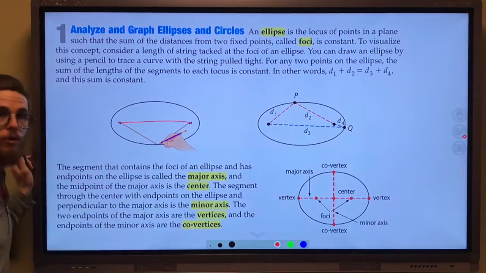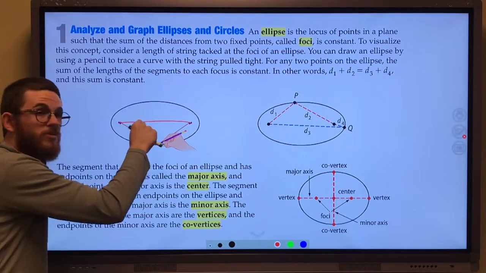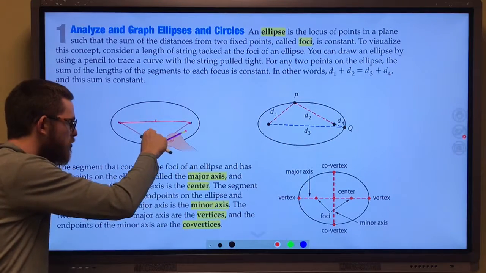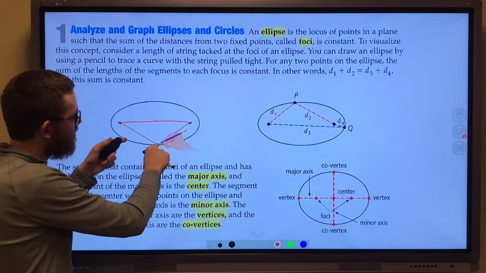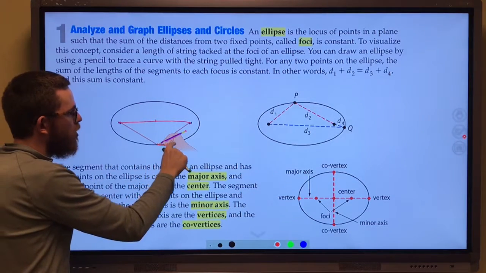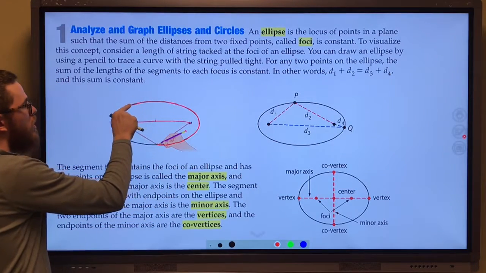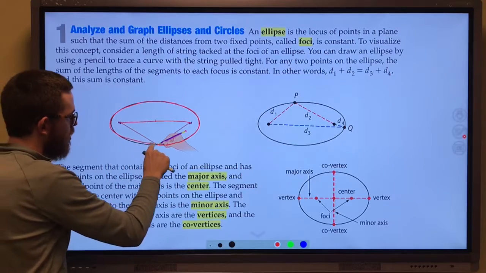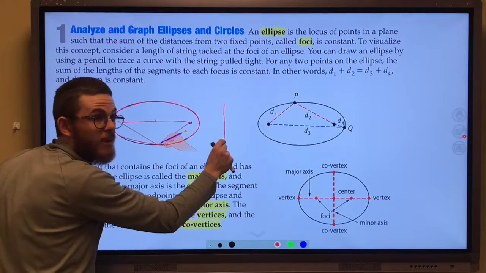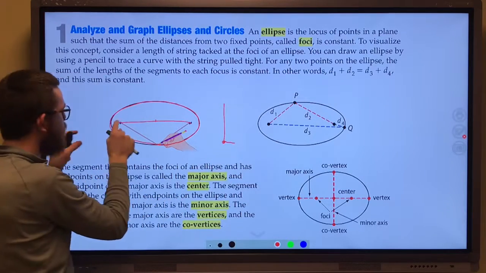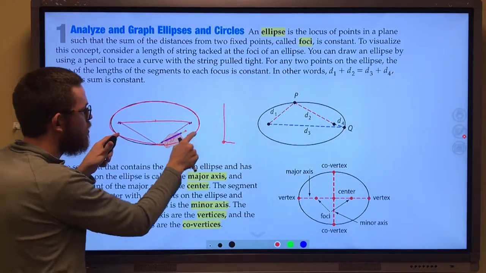It could be loose, but then you take a pencil and pull the string as tight as you can, and you start drawing around those two points. In the middle, you're going to be able to pull it pretty tight, and then as you go further away from one foci, you make your way around.